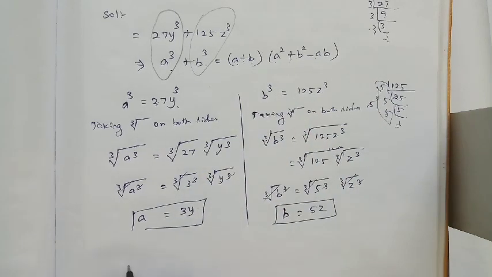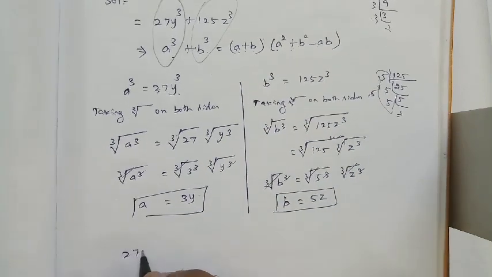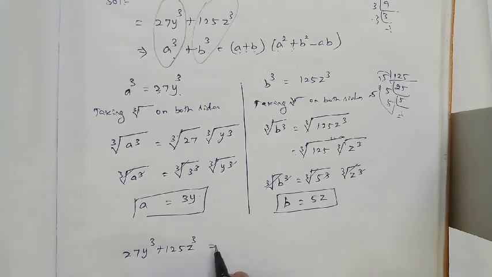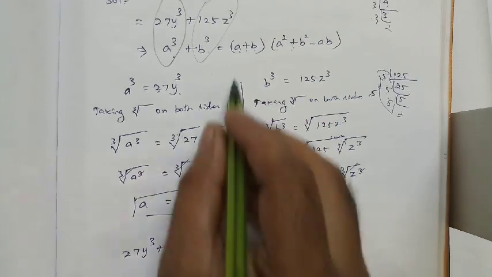So substituting, 27 y cube plus 125 z cube is equal to, first I'm going to write the formula, after that I'm going to simplify.